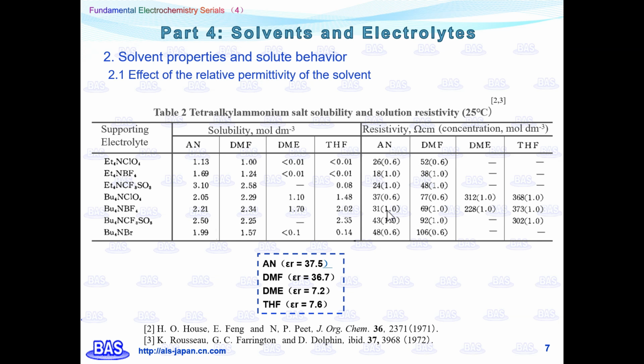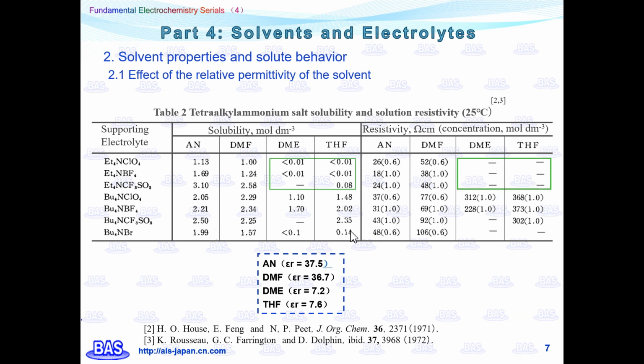However, for DME and THF, which are solvents with small relative permittivity, if the alkyl group of the ammonium salt is acyl, the solubility of these electrolyte salts in the DME and THF solvents is small and they are difficult to dissolve, and the resistivity of the solution cannot be measured.